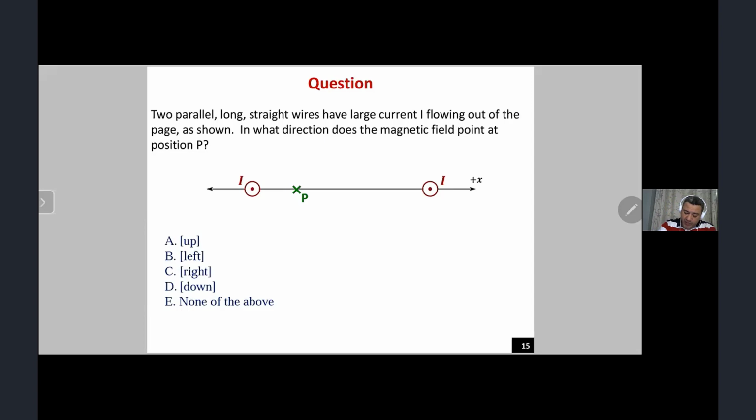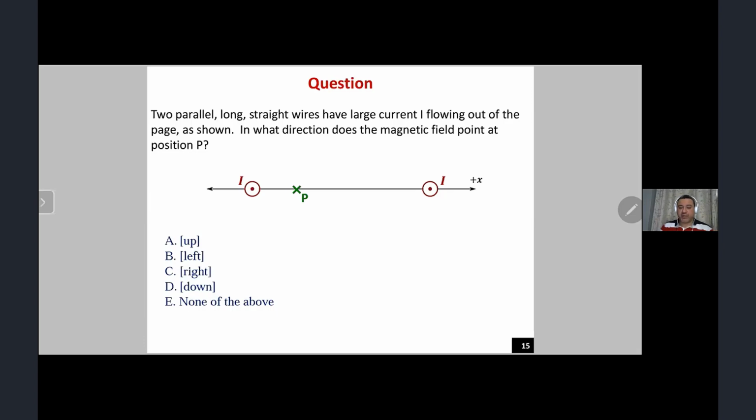Right now, what we're seeing is only a cross section where those wires are parallel, and their current is going out of the screen. We need to evaluate the magnetic field generated by both of them at point P.